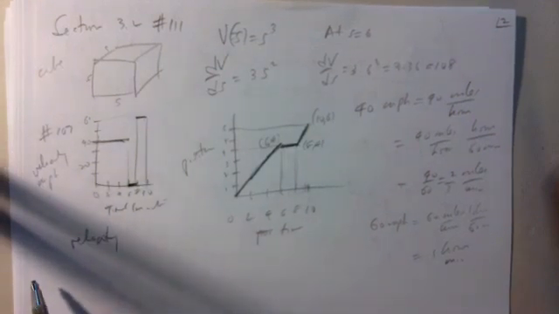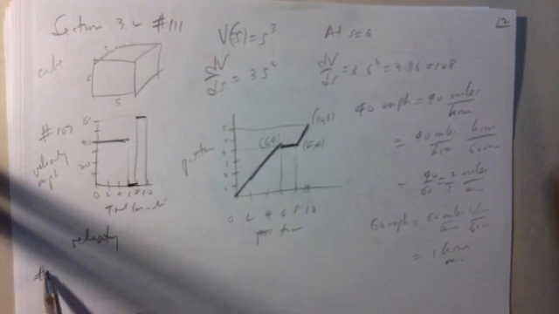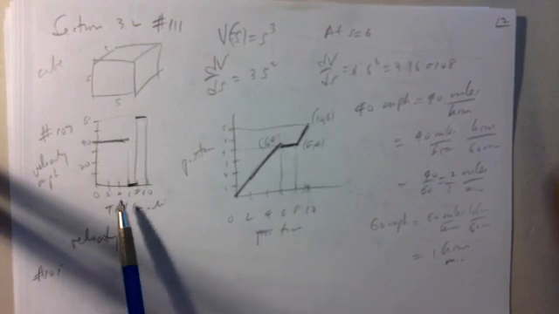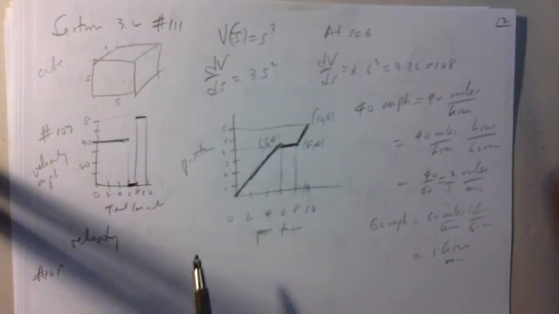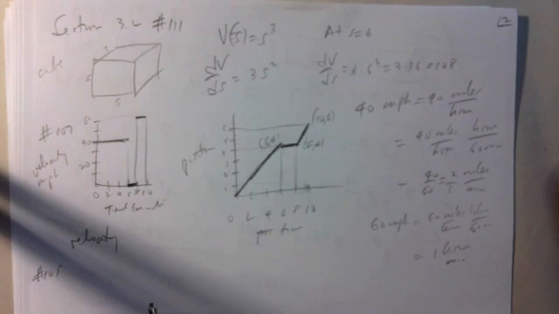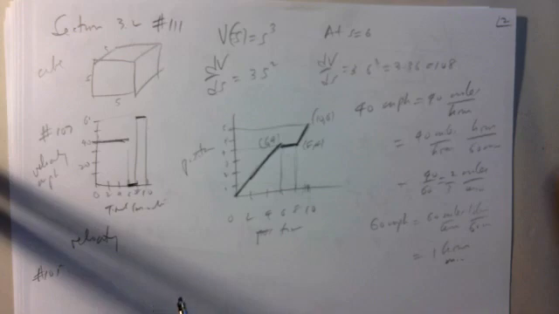This is number 105. Here we had the velocity as a function of time and we wanted to find the position. In 105, we're given the position as a function of time and we want to find the velocity.